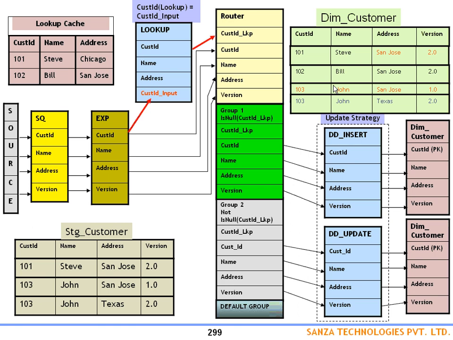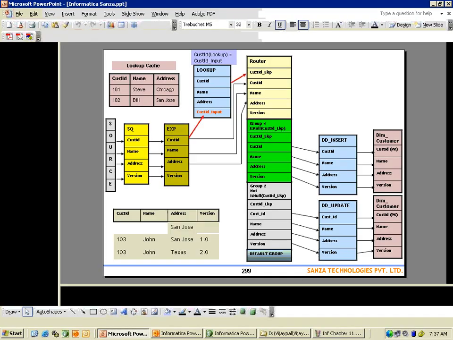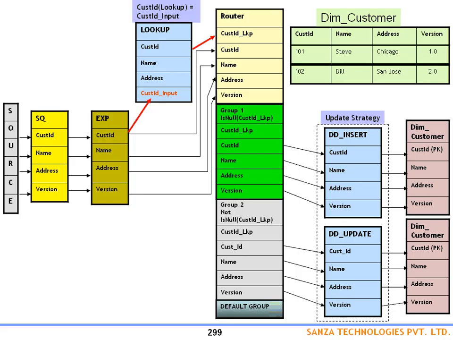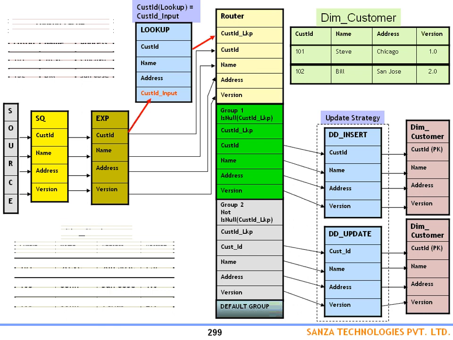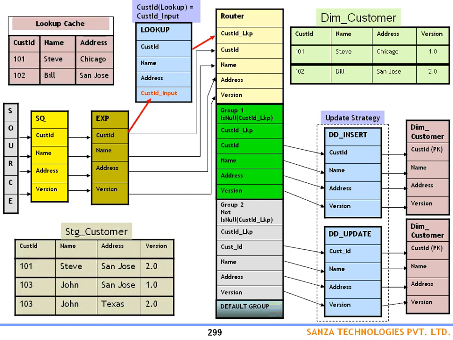Then where is the problem? I'll explain once again, you have to understand it. Now I'm going back a step. In the dimension customer table, you have the records for 101 and 102. When you execute it, the lookup cache selects the data from the dimension customer and puts it in the cache. And this is your stage customer table. Source data is extracted.